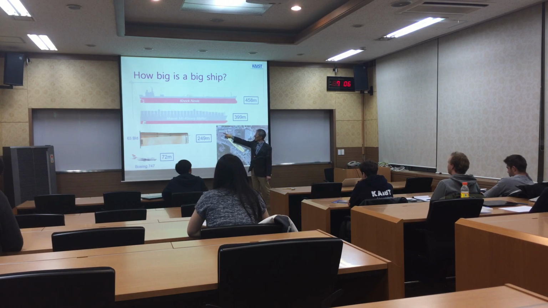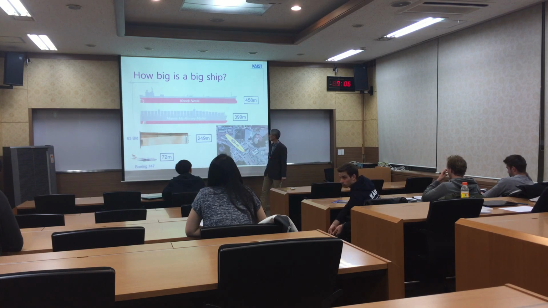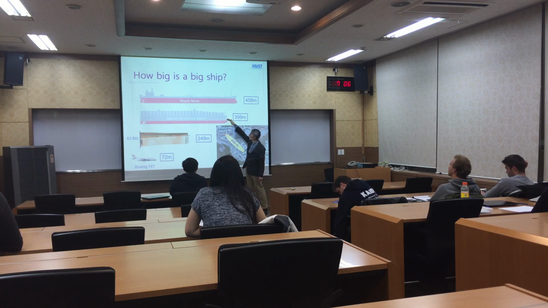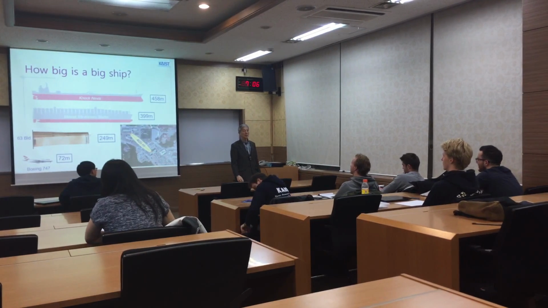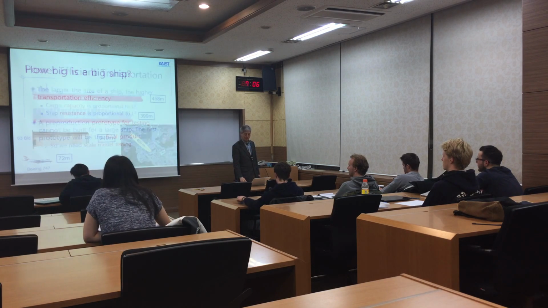These are the buildings of mechanical engineering, aerospace, and nuclear engineering. There is a playground, soccer field, and baseball field. So this is big. Right? Now we are around here, right? So ship is big. So how can we estimate the resistance and power, the horsepower for that ship engine?